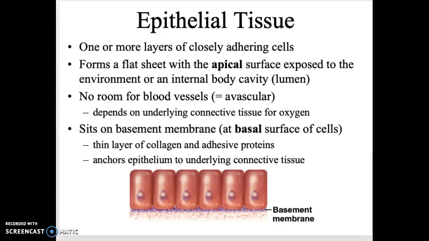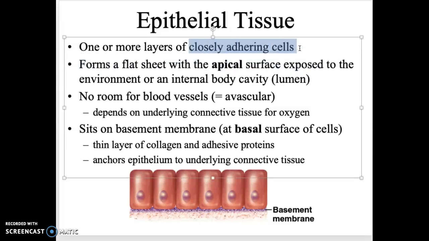So we'll go through epithelial tissue first. Epithelial tissue is at least 1 layer of closely adhering cells. So the cells are very, very close together. They form flat sheets with an apical surface and a basal surface. The apical surface is the surface exposed to the outside environment, so that's this top part here.